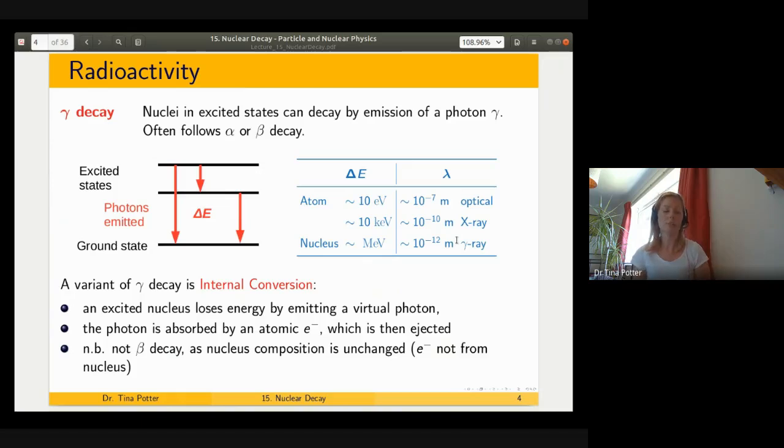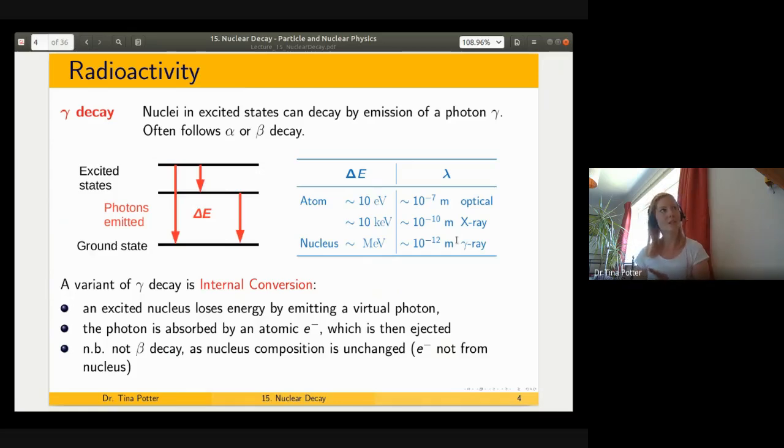Very, very high energy. Now you can have a slight variant on this, and this is called internal conversion. Here we can have an excited nucleus that emits our very high energy photon, but that eventually is absorbed by one of the orbiting electrons in that atom. And then it's the electron that's ejected. Now, that might look to us like beta minus emission. We've got a high energy electron coming out of our atom or our nucleus.